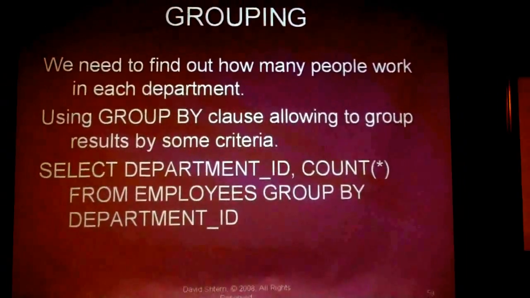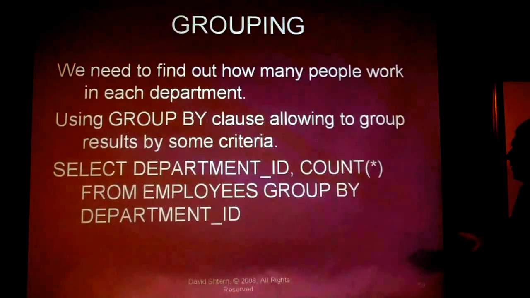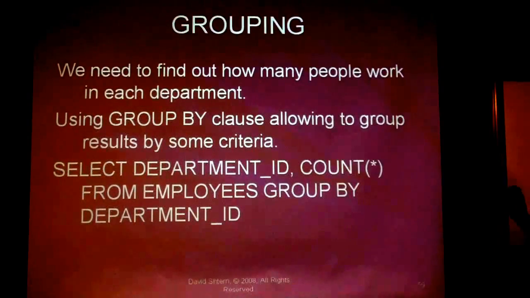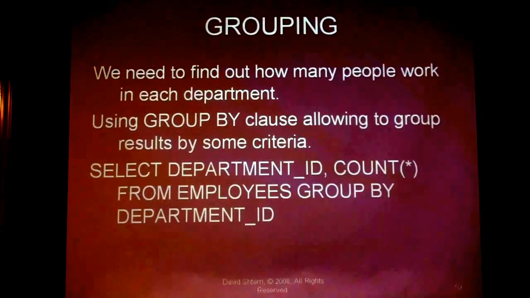That will not work in Microsoft SQL Server, because, yeah, it will work. But if you select something else, it will require that it be listed in the group by as well, like department ID here. So basically, Oracle does not have that restriction. Okay. So the bottom line is, the statement might differ from database to database, and if it's working in Oracle, there is no guarantee that it will do the same in Microsoft SQL Server. You have to adjust that.